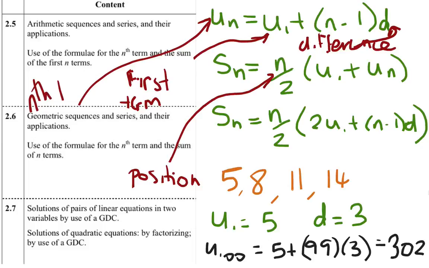Any questions? All right. Suppose instead I asked you for the sum of the first 100 terms. That's Sn. Exactly. So let's work with the same one. The formula, there are two versions of it. There's Sn equals this. This is on the formula sheet, and this is also on the formula sheet.